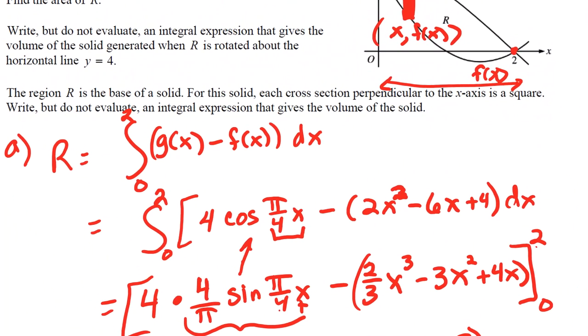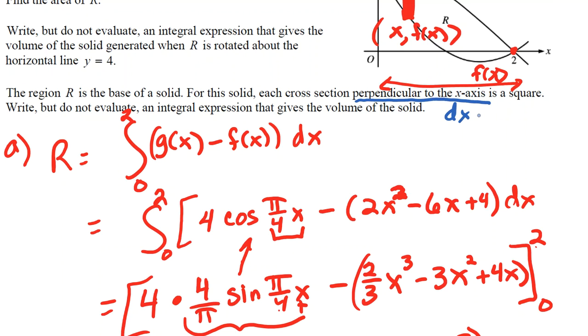Region R is the base of a solid. For this solid, each cross-section perpendicular to the x-axis. So as soon as we see that our Riemann rectangle crosses the x-axis, we know the thickness of the rectangle is a dx. We are having perpendicular cross-sections are squares.